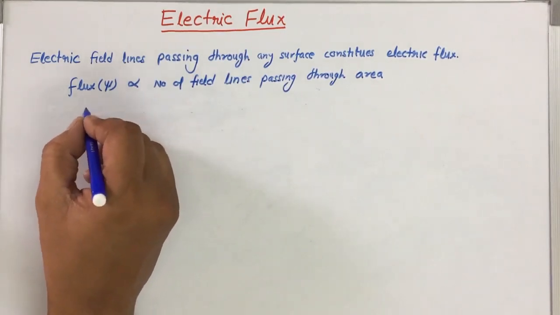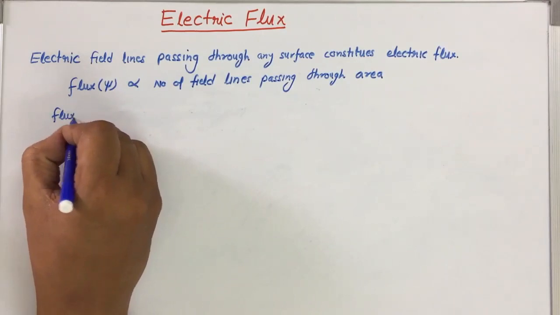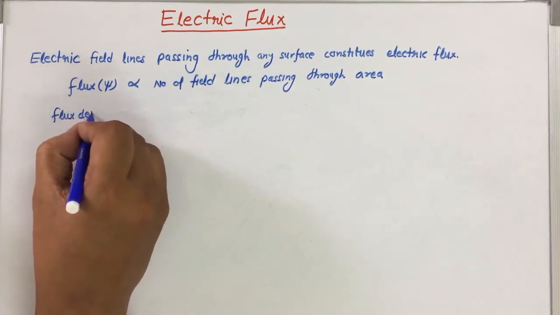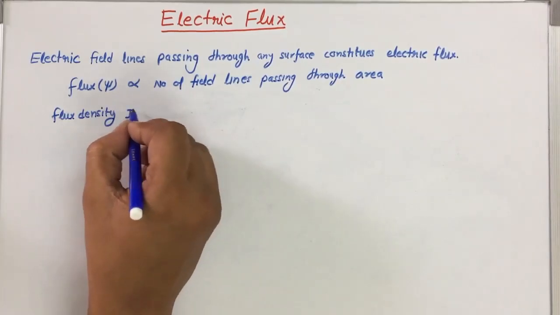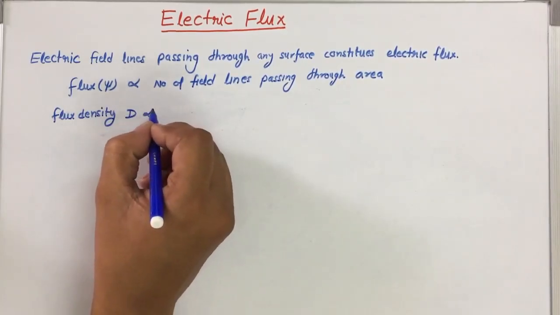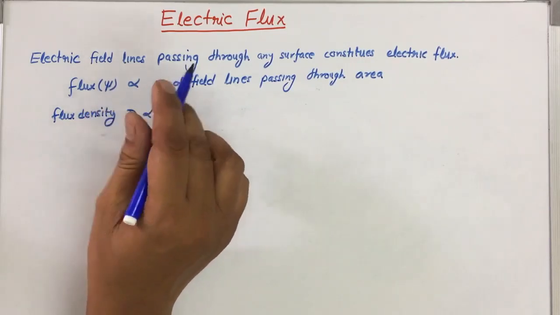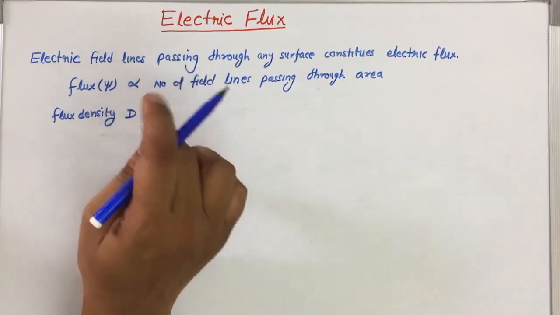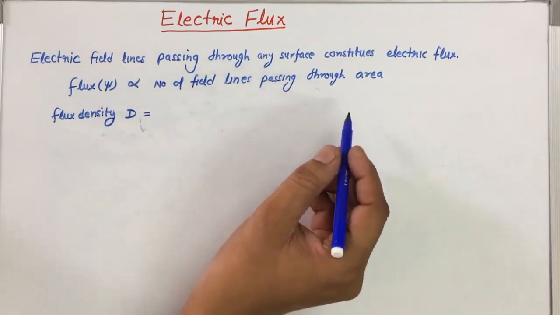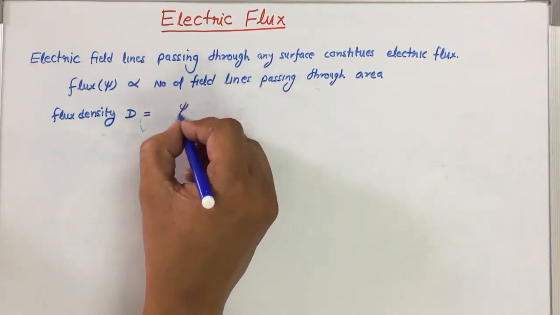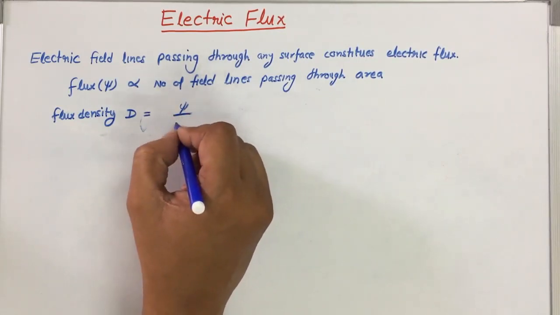And if we are defining the flux and it is related to an area, then at the same time we can define the flux density. Flux density can be represented by D. As we are saying flux, here we are saying flux density: it is equal to the number of field lines passing through the area, that is flux, divided by the unit area.